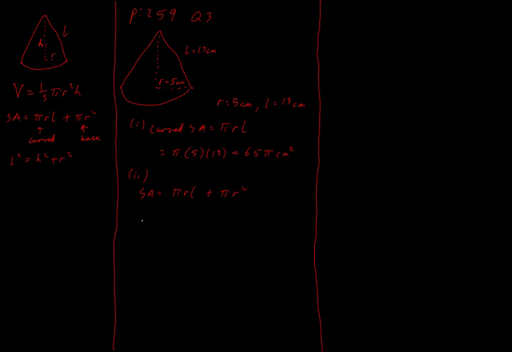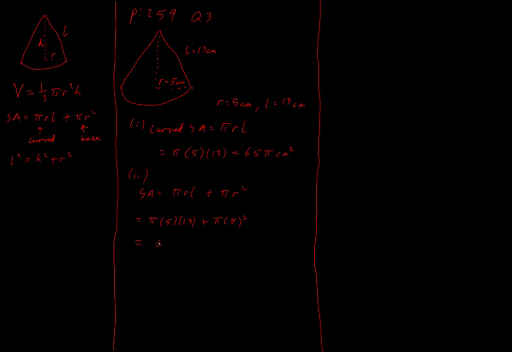So I'm going to have pi multiplied by 5 multiplied by 13 plus pi multiplied by 5 squared.